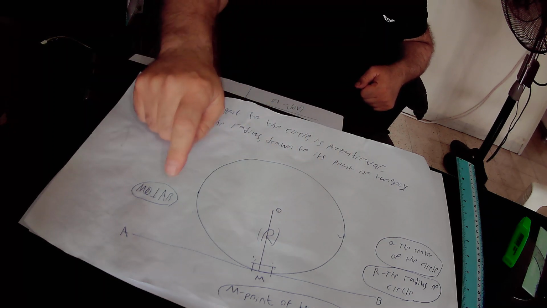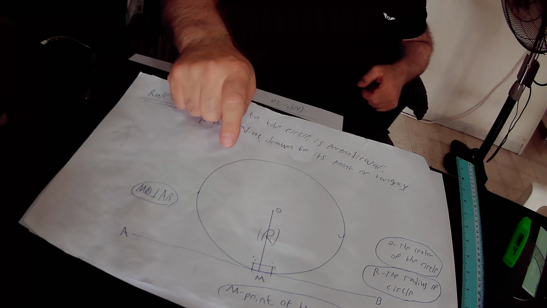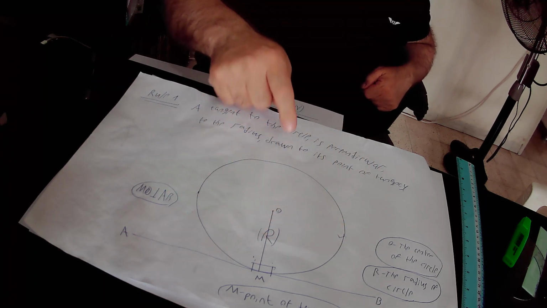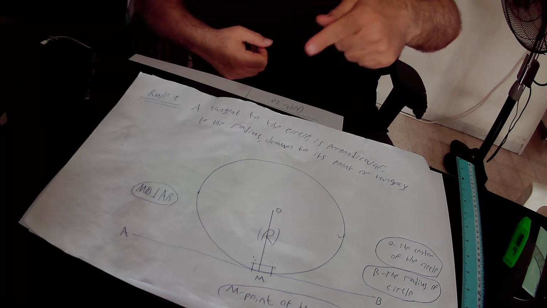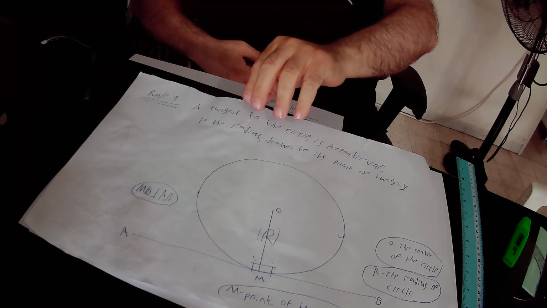So whenever you have a line segment that is perpendicular to the radius, then the line segment must be defined as a tangent. So we can implement rule 1 in our drawing.